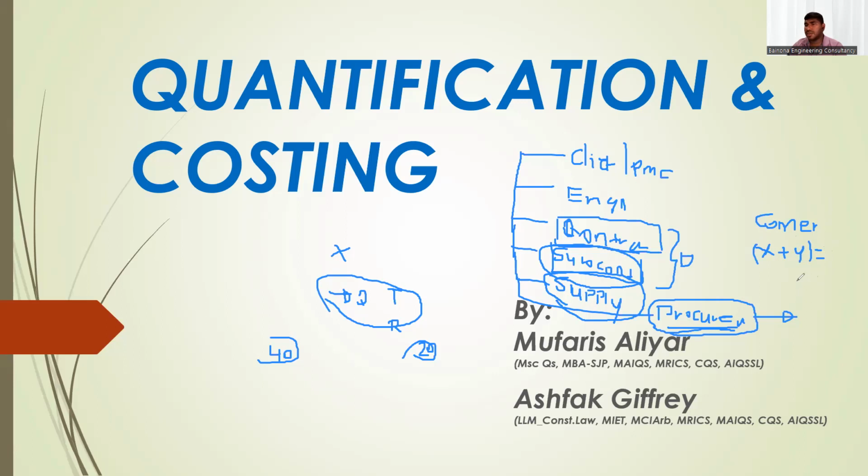So the commercial manager's duty is to reduce the X, reduce the cost, and increase the profit, which is to make the project profitable. He needs to use his team, quantity surveyors, cost controllers, contracts team to control and reduce the cost, increase the profit and bring the project to profitability. This is the commercial manager's duty.